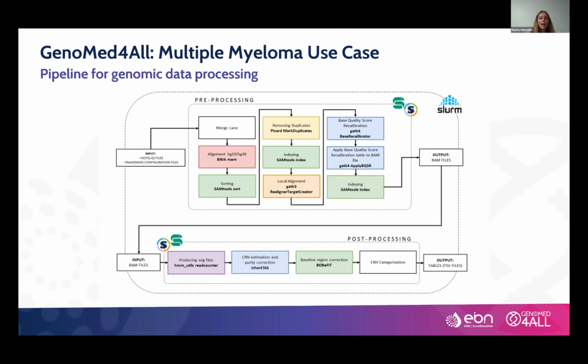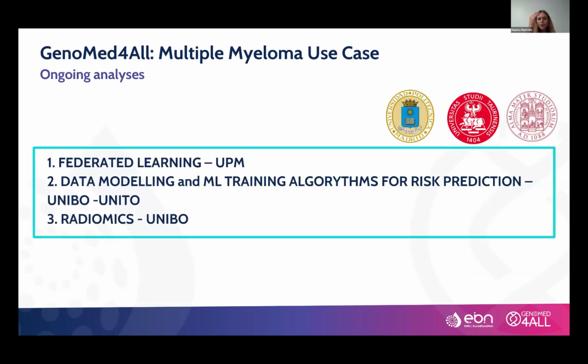All this pipeline has been optimized and uploaded by the Bologna group to the Syneca platform, and it is available to be used for other genomic data.